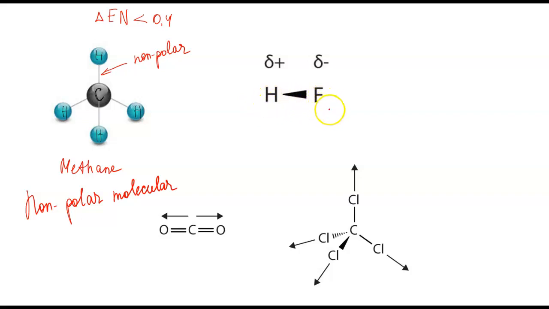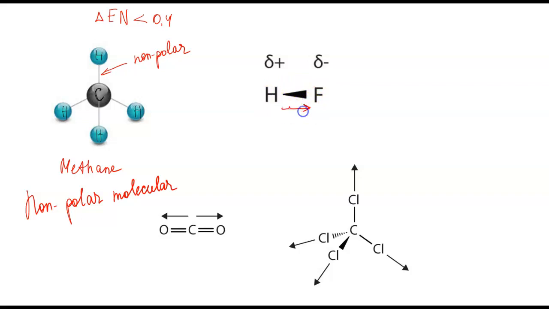This is HF. We know that the electronegativity of fluorine is about 4, and it's about 2.1 for hydrogen. So the difference is very high. That makes this bond between hydrogen and fluorine very polar, right?